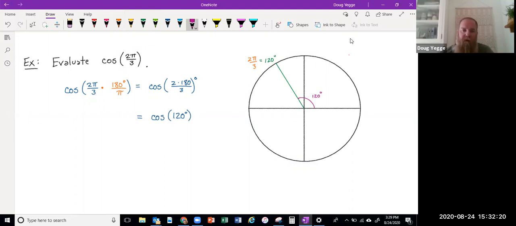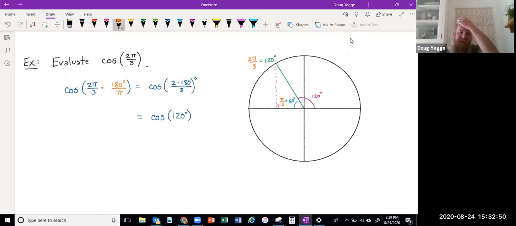Well, if you remember what we did before, we then had to drop a vertical down to the x-axis to form a reference triangle, and realize that if it's a 120-degree angle, or a 2 pi over 3 angle, that this is actually going to be 60 degrees, or in terms of radians, pi over 3.